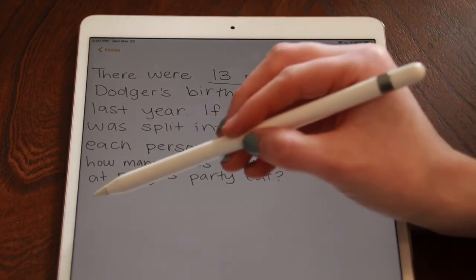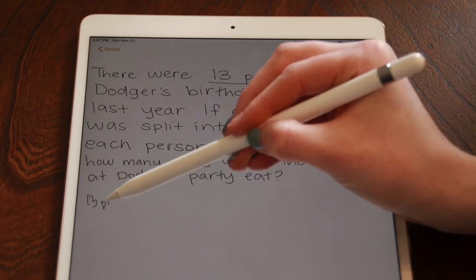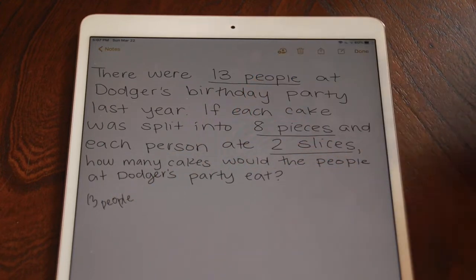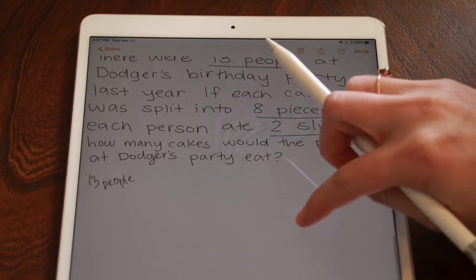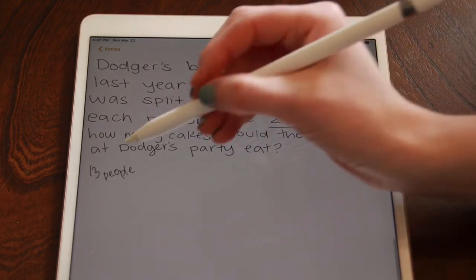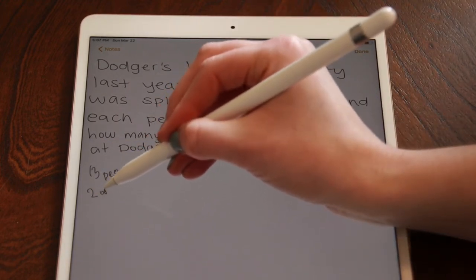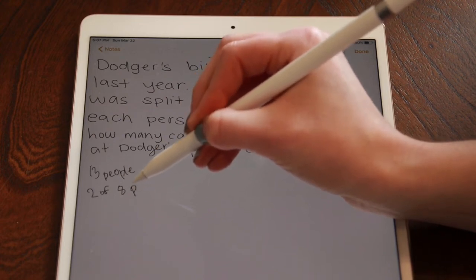Well, I know there's 13 people at the party. And they eat 2 of the 8 pieces.